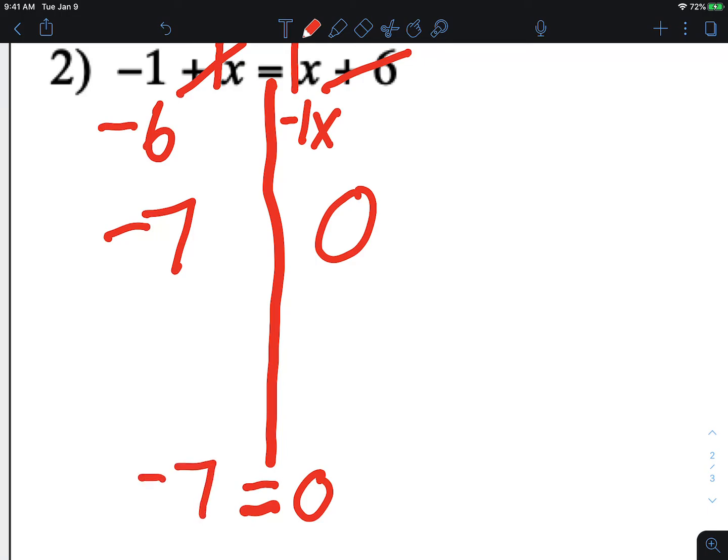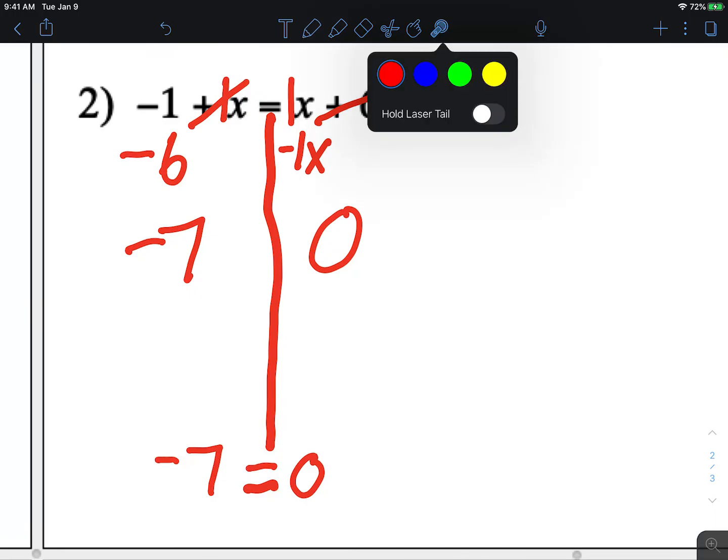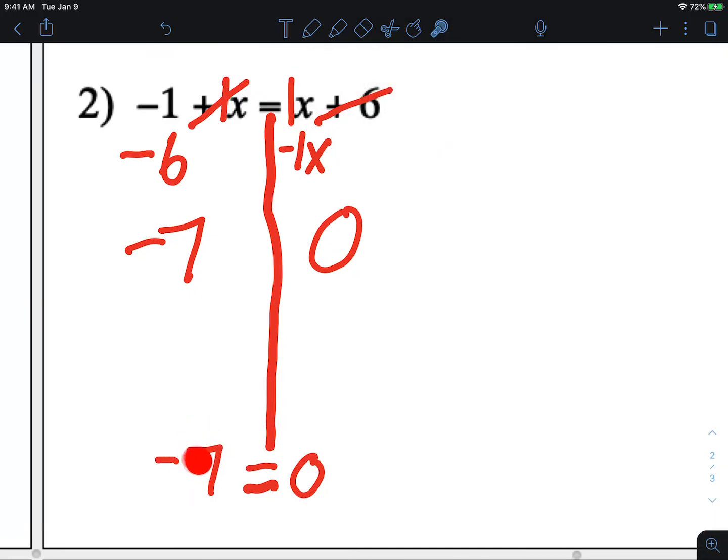Now, I want you to think, when in the world is negative 7 equal to 0? Never, right? Negative 7 is its own number. 0 is its own number. It's never equal to each other.